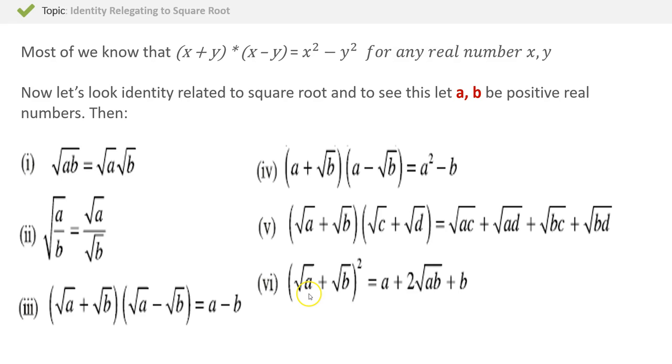And last, when you do the square root of a plus the square root of b, whole squared, what you get is a plus 2 square root of ab plus b.